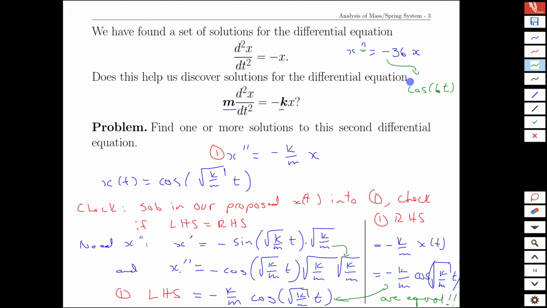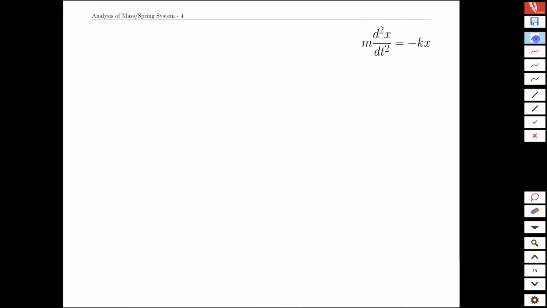Through looking at some concrete examples, we had an inspiration for how the solution might look, and we can validate that by checking our guess against the actual equation itself. But that's not the entire thing. I mean, we found a solution, but we also could note that everything we just did would have applied just as well to x of t equals sine of square root of k over m times t.